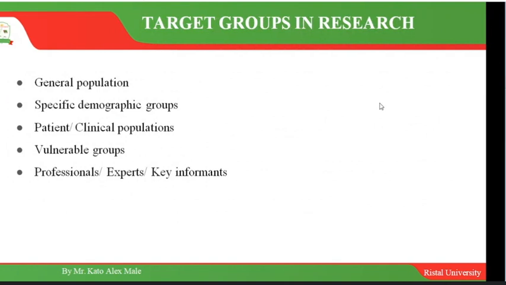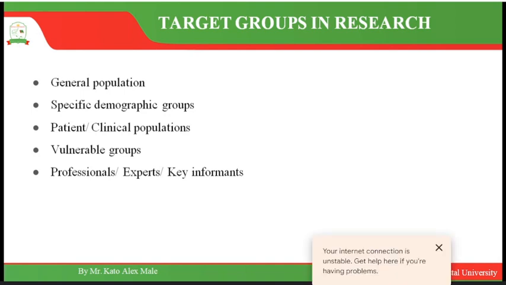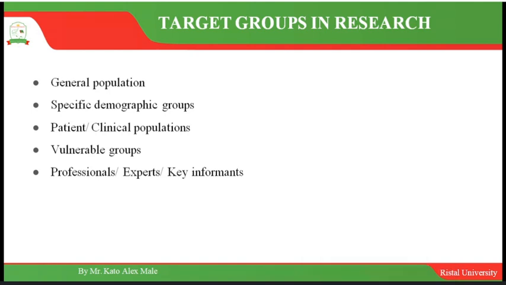Going to the next slide, we have targeted groups in research. This is very important because as you are formulating your research, it helps you come up with the group you are targeting. First and foremost, the general population. We form these researches when we are targeting the general population. For example, you can do research in Uganda, in South Sudan, or in a particular state of South Sudan, for example Rumbek or Juba.